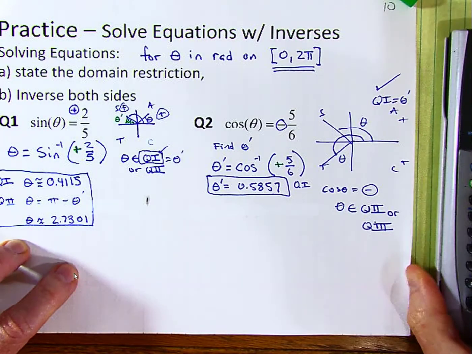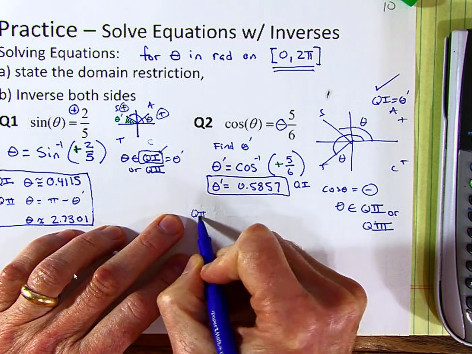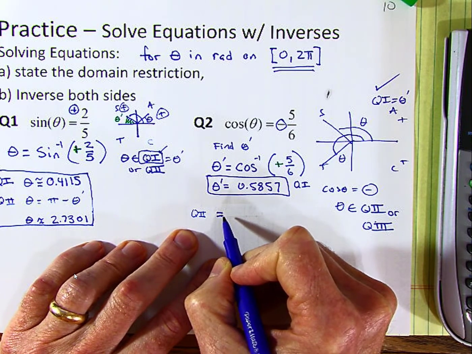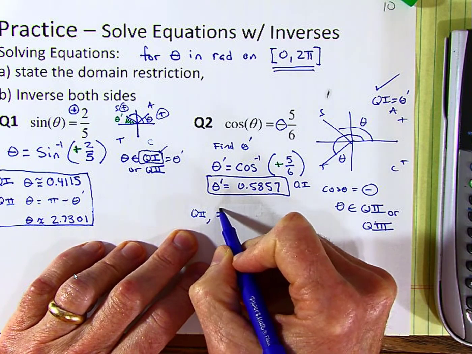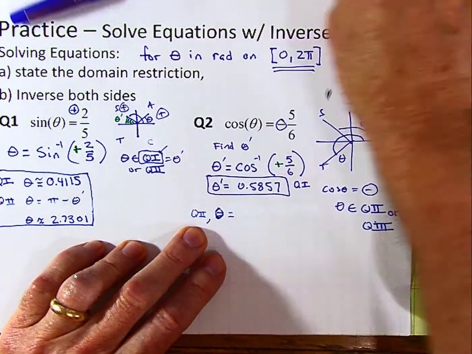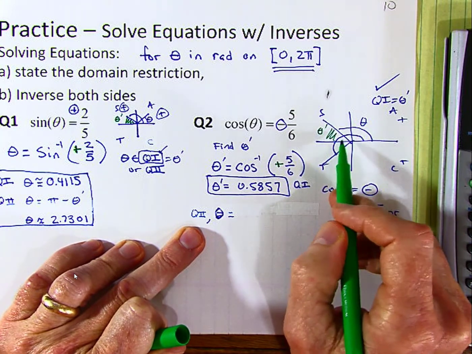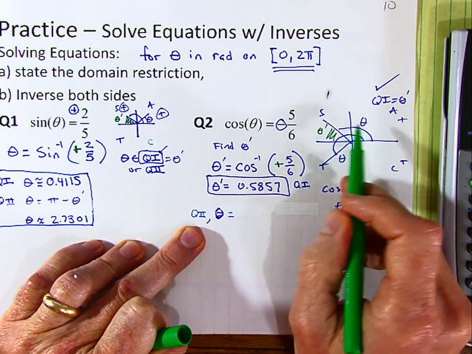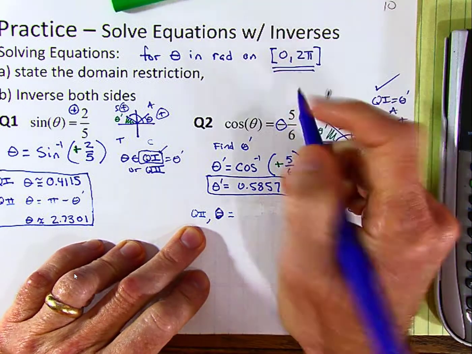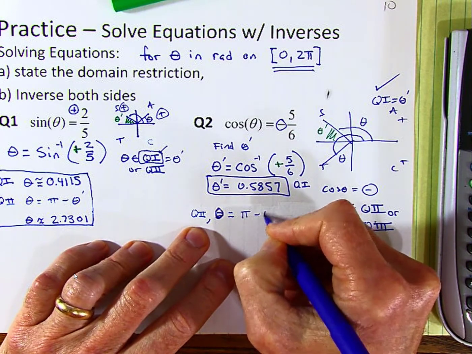So let's go over here and solve for quadrant 2. Now, if I want the solution for quadrant 2, theta, this would be like the reference angle right here. And so the reference angle plus the true angle is up to 180. So I can use the 180. Now in this case though, because I'm in radians, I'm not going to call it 180. I'm going to call it pi minus the reference angle.